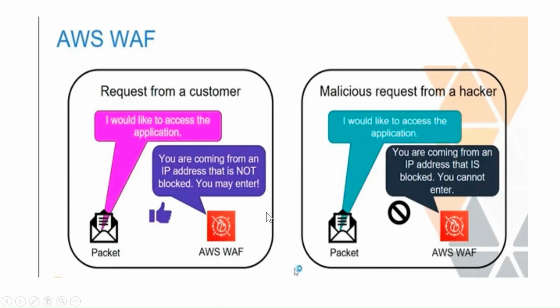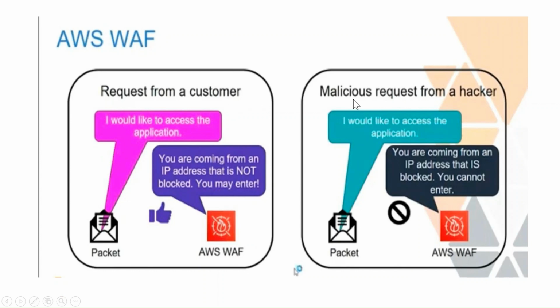In simple words, when we have the AWS WAF, it will check whether the request is coming from blocked IP addresses or non-blocked IP addresses. Here you can see the user sent a request, saying I would like to access the application. The WAF said, you're coming from an IP address that is not blocked, so you can enter.